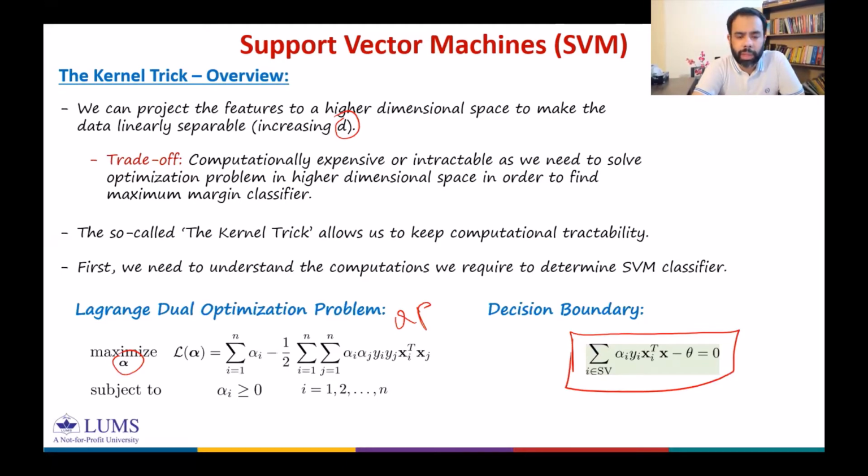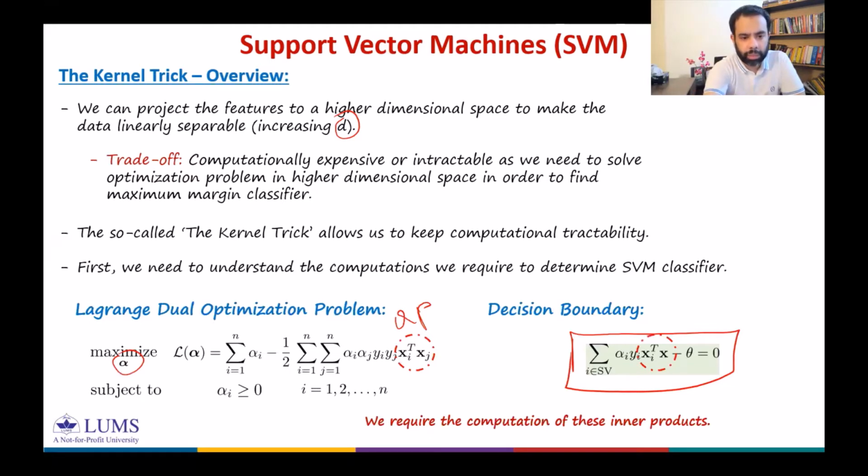If you see these two formulations, the formulation for the decision boundary and the formulation of the optimization problem, both require the computation of these inner products. For solving the optimization problem, we need to compute the inner product between a pair of data points in the training data. Also, when we carry out prediction using this decision boundary, we are required to compute the inner product between the test point and every support vector, right?